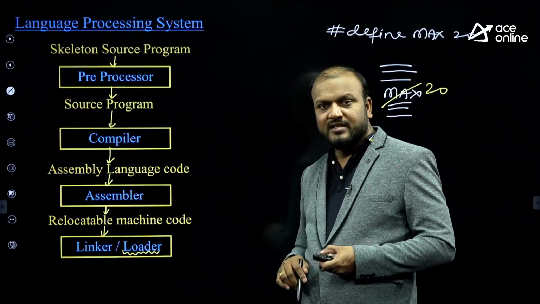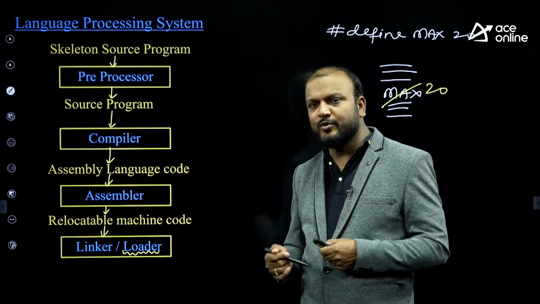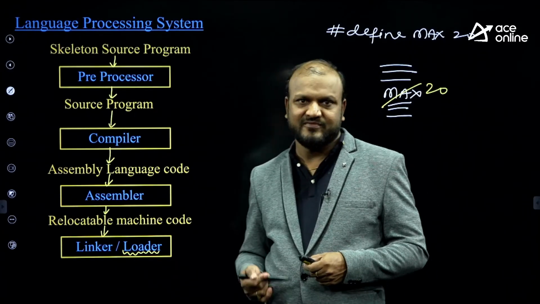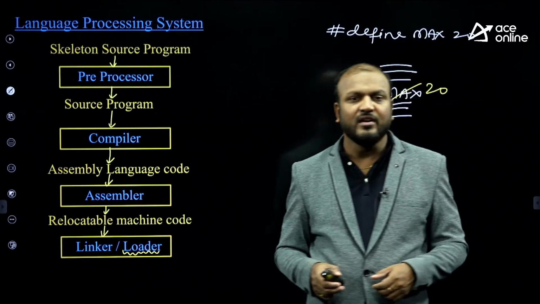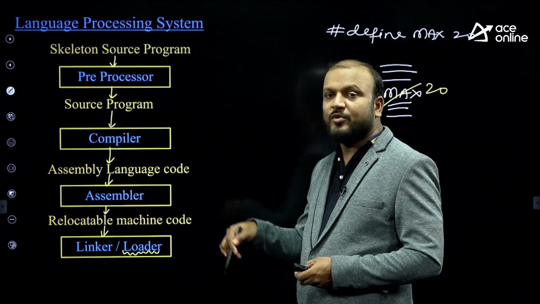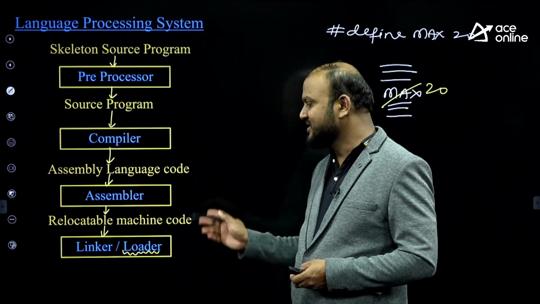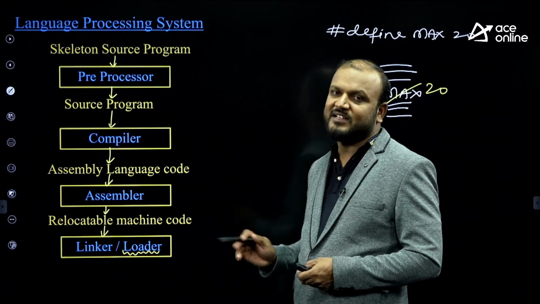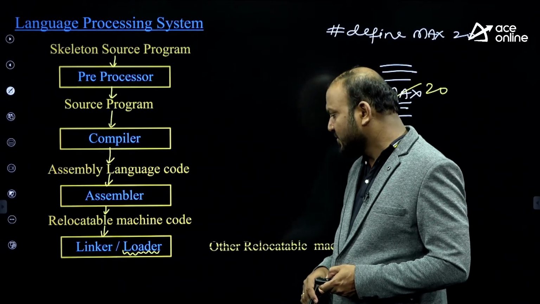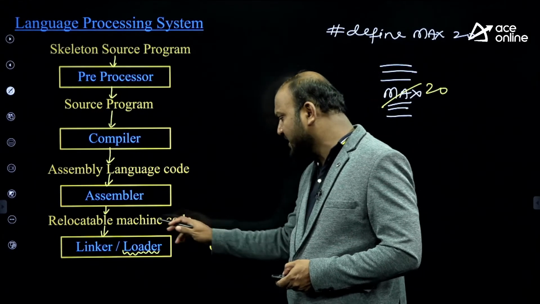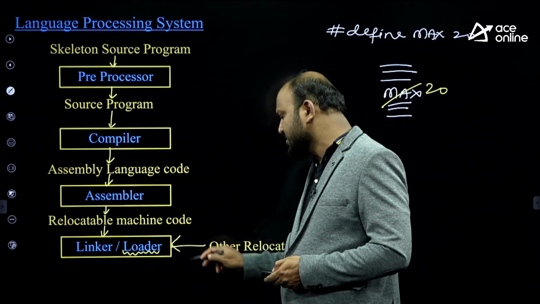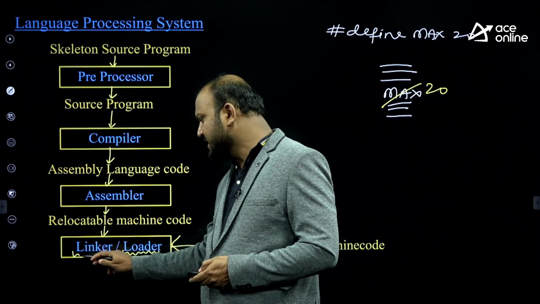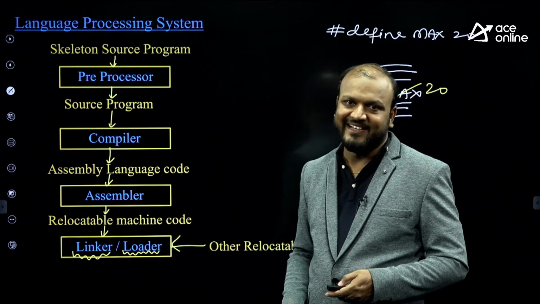And one more thing, suppose many programs require DLL libraries, we call dynamic linking libraries, or some other programs are also required. Meaning this relocatable machine code may require some other relocatable machine codes. So this relocatable machine code can be linked with other relocatable machine code by using a program called linker.